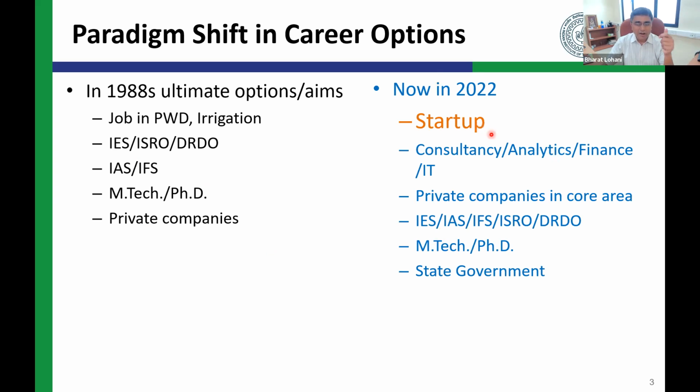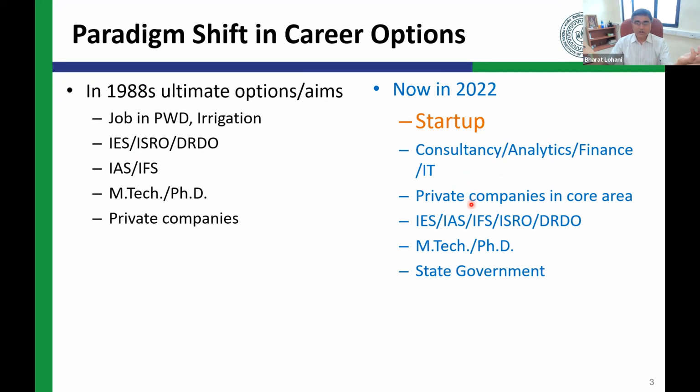Priority wise, our students today talk of a startup as the number one priority, whether they want to start or whether they want to join. Either way, our young students prefer to go to startups because startups give some kind of challenge. Then after startups, our students are looking for consultancy, analytics, finance, IT.